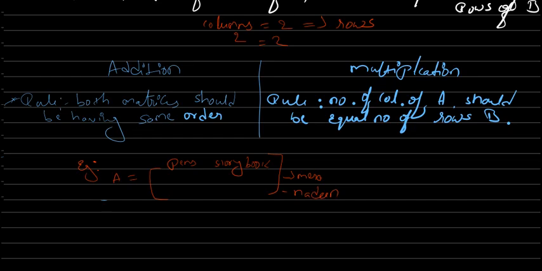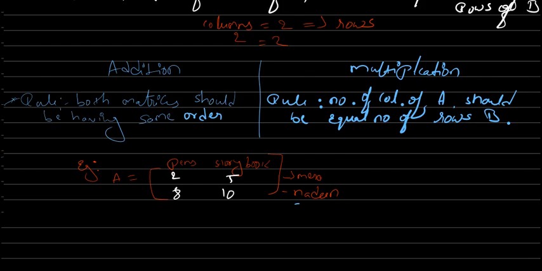Meera needs two pens and five storybooks. We can write this in this kind of matrix form. And Nadeem needs eight pens and 10 storybooks. If you want, you can cross check here. How many pens does Nadeem need? Nadeem needs 8 pens with 10 storybooks. Meera needs 5 storybooks and 2 pens.